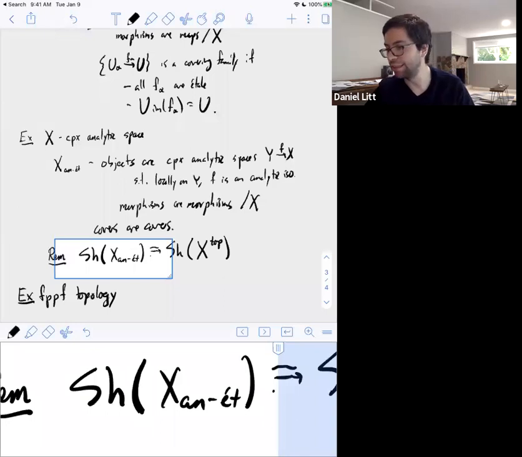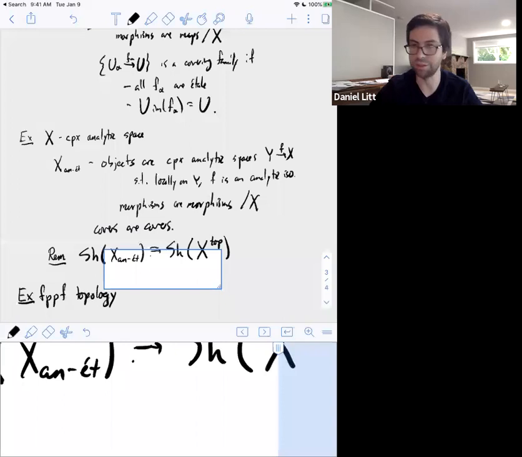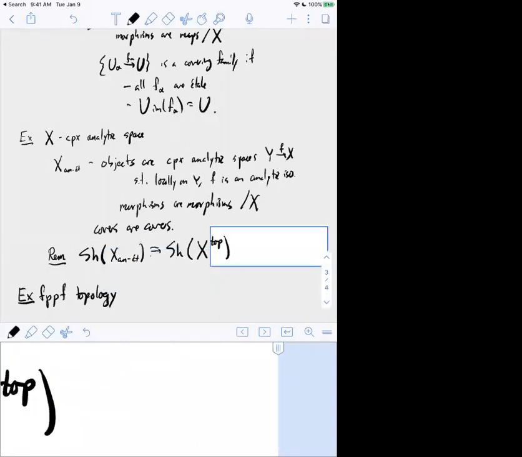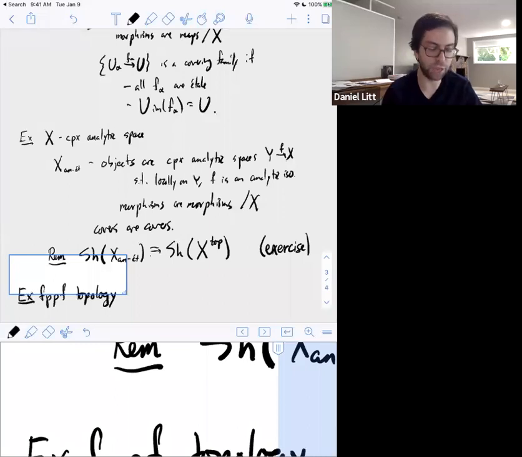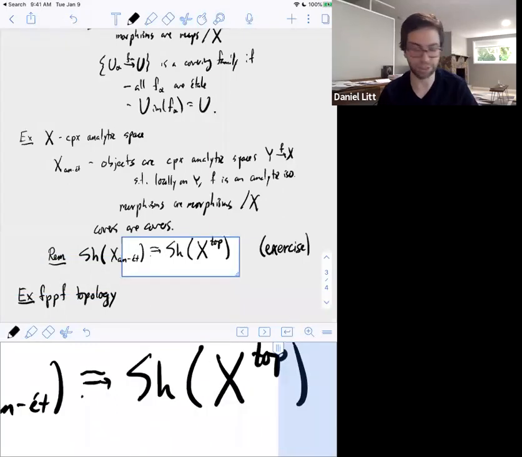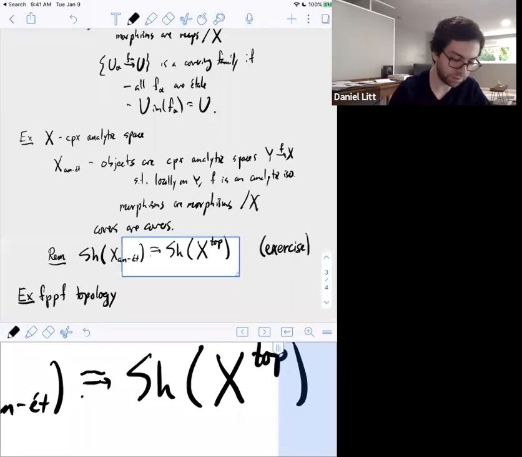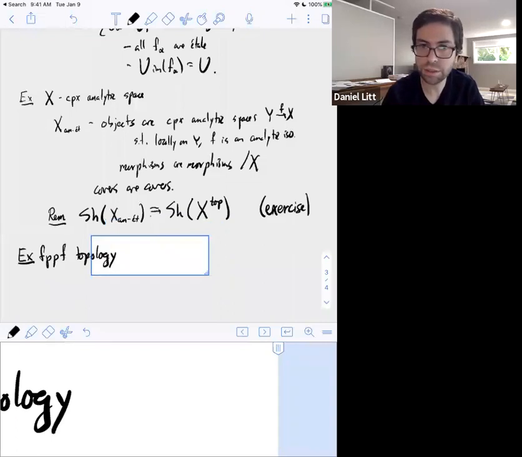We'll see in a second that there's a notion of a morphism of sites, which actually induces this equivalence of categories. Proving this equivalence is going to be an exercise. Once we have the definitions, you'll see that this is very natural, though so far you can't do this exercise because you don't know what a sheaf is. Does that answer your question, Arvind?